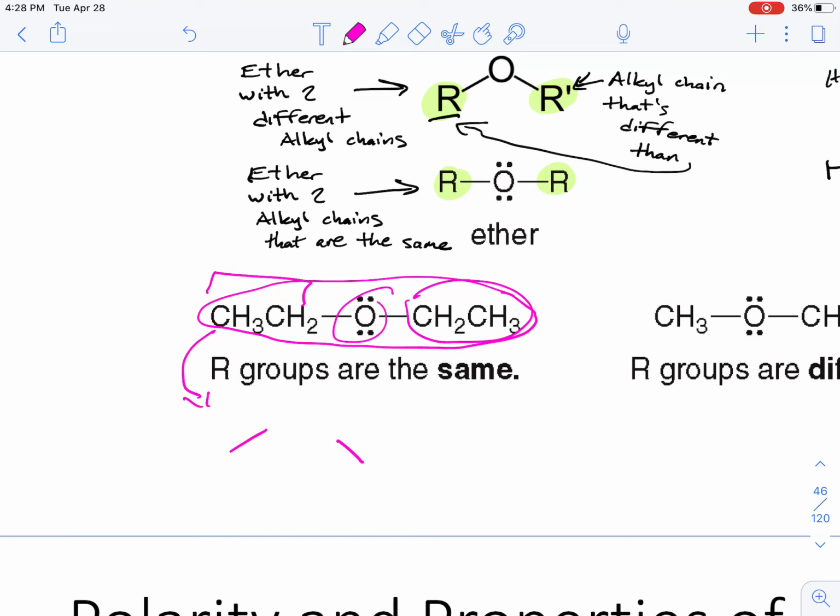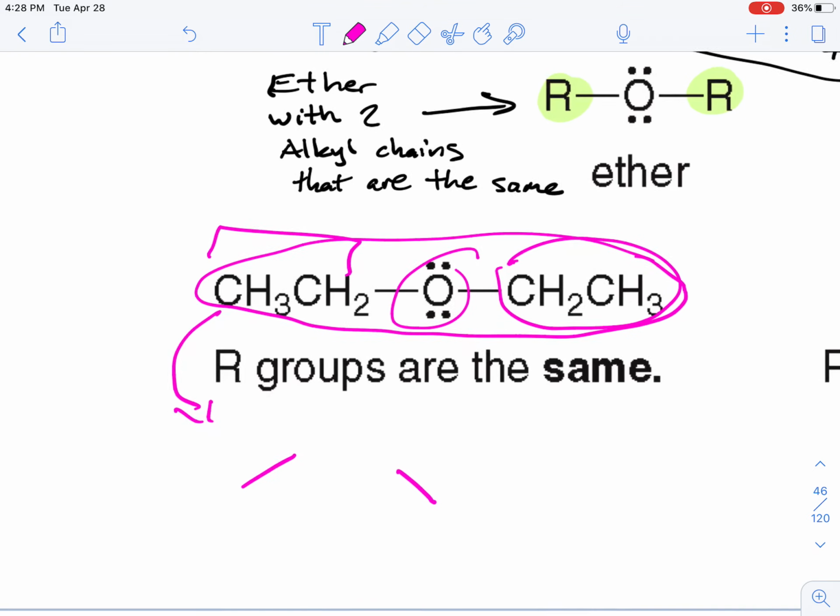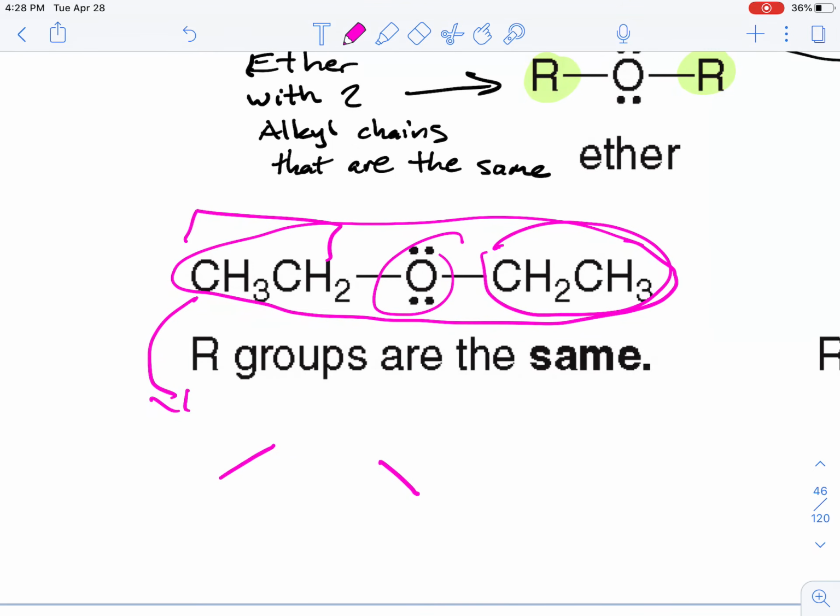And since ethers have this 109.5 degree or less than 109.5 degrees angle, we need to make sure that we're bending our skeletal structure. Okay? And so here we have this ethyl group that's found on the left.